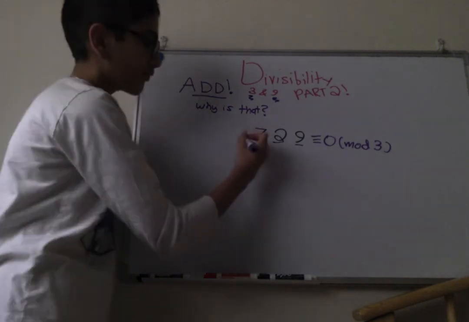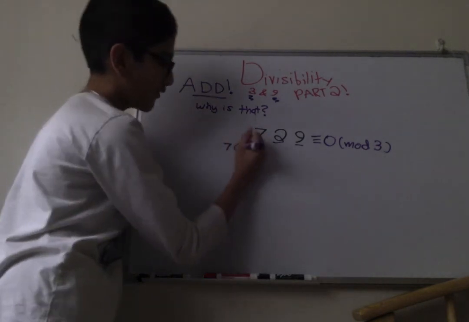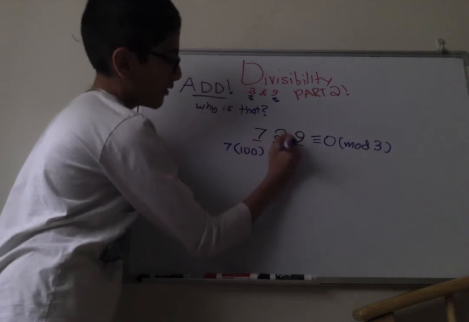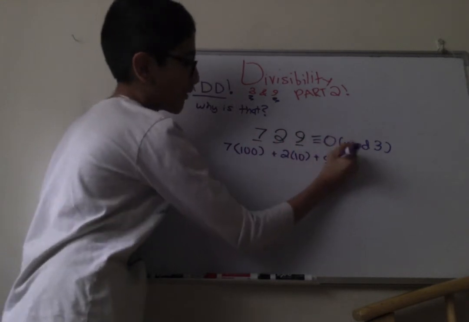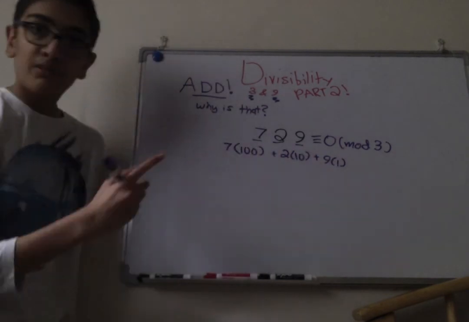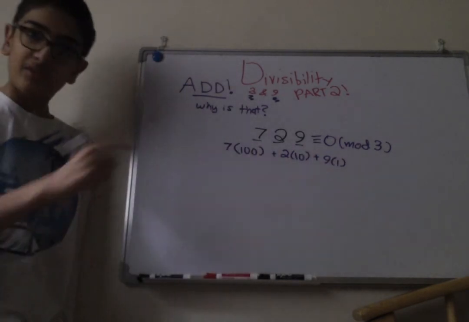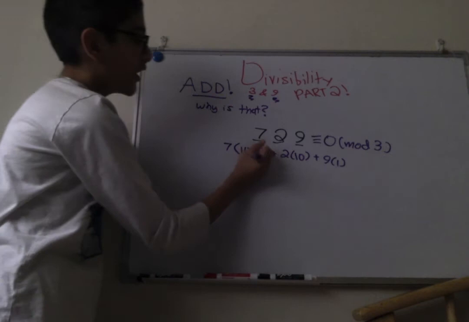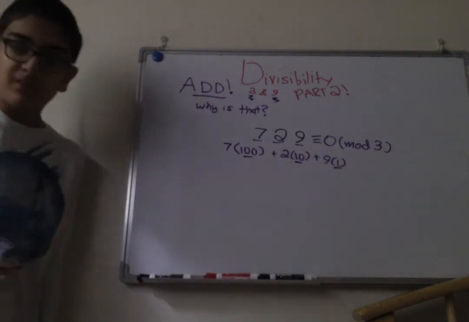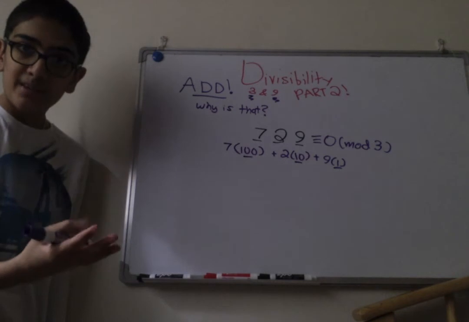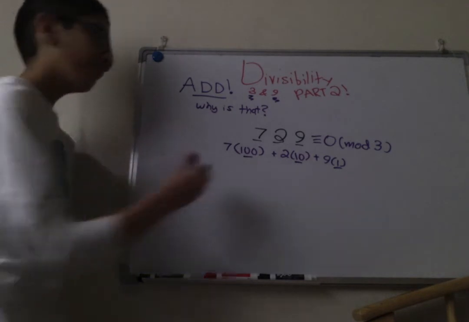So, let's go back to what we did before: 7 times 100 plus 2 times 10 plus 9 times 1. We're going to keep the digits because we want to prove that we add them. So 100, 10, and 1 are all congruent to 1 modulo 3, which essentially means that when you divide by 3, you'll get a remainder of 1.